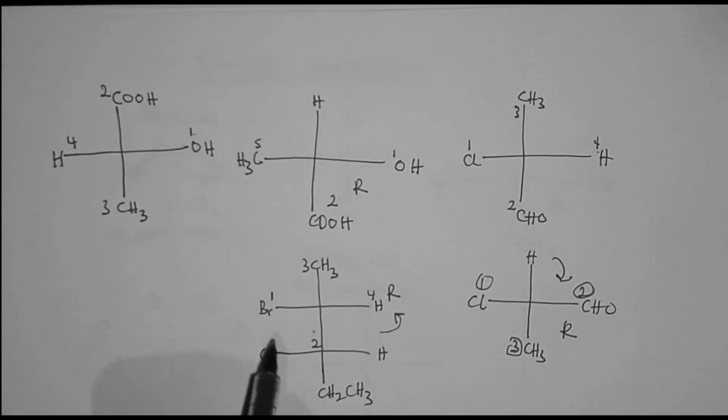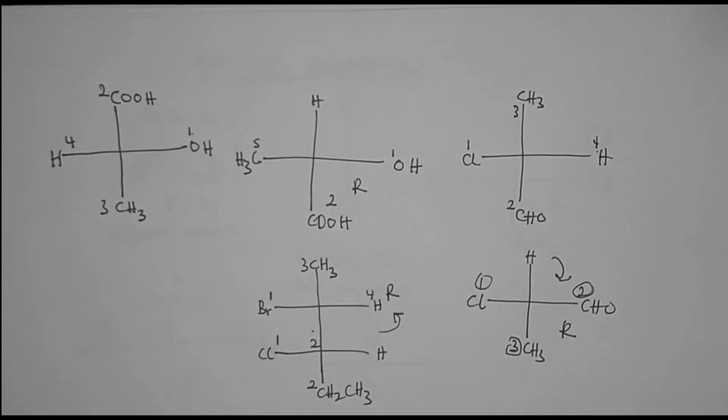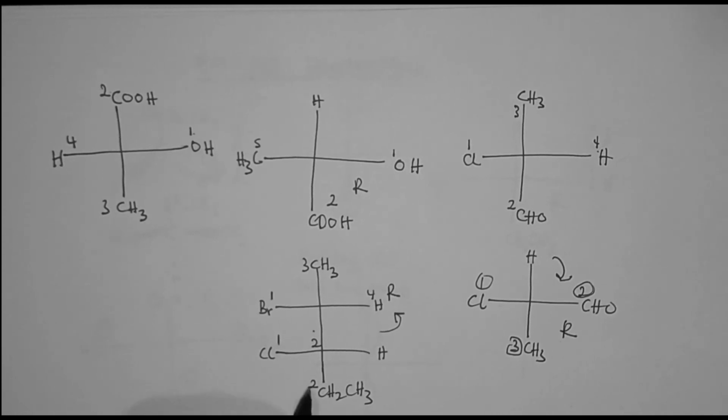Let's come to this situation. Here's number 1, and then here's number 2, and this is number 2 because this carbon has a bromine which has a higher molar mass than a proton in this case. So here's number 2, and this is number 3, and then this is number 4.